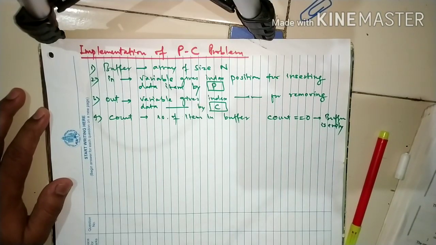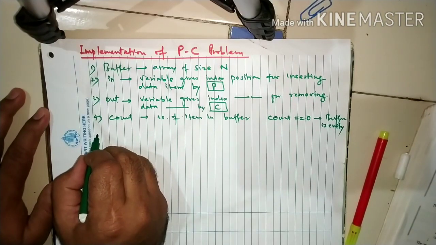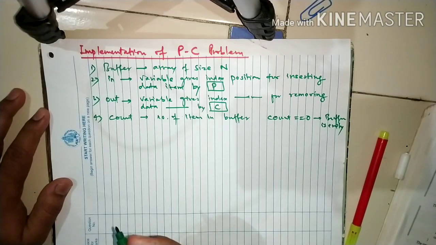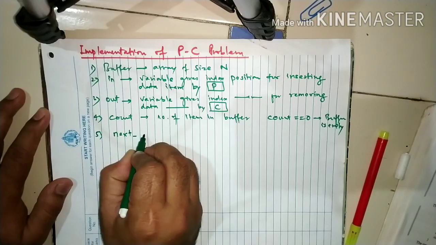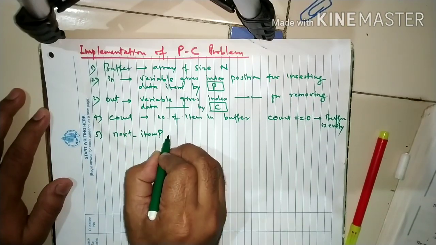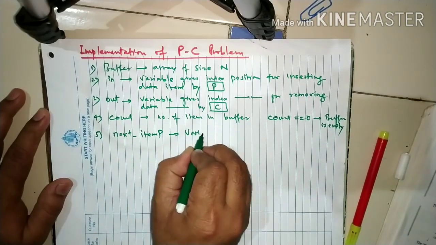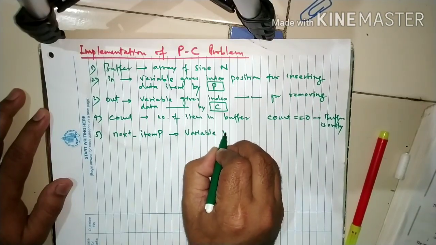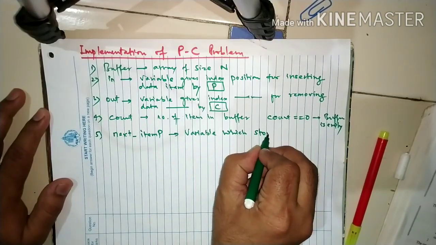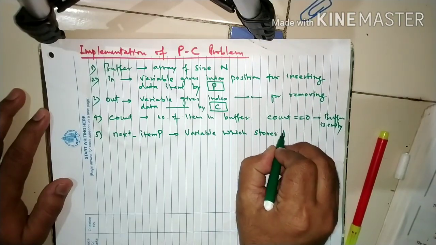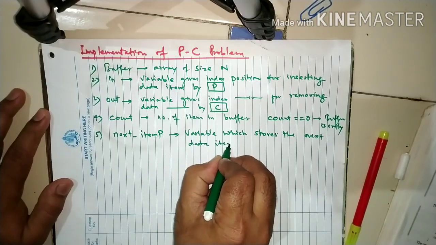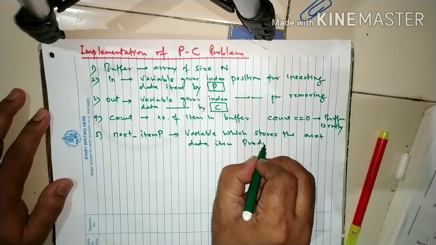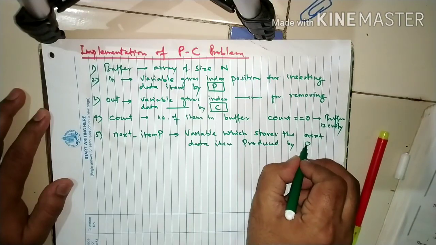Then we have a few more variables which we are going to use in the code for producer and consumer as well. The fifth is next item p. This is a variable which stores the next data item produced by the producer.